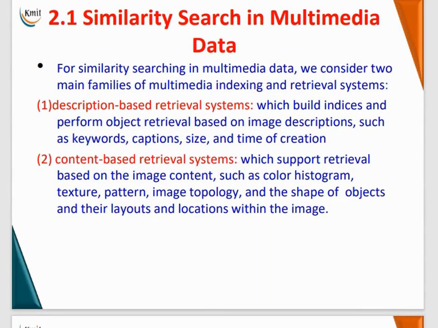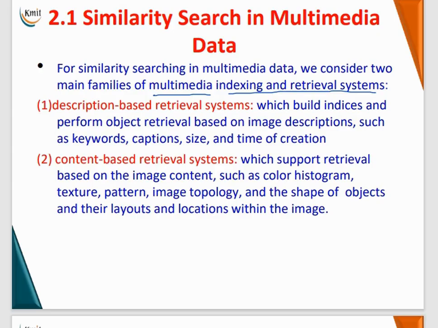First, similarity search in multimedia data. For similarity search in multimedia data, we consider two main families of multimedia indexing and retrieval system. First one, description based retrieval system, and the second one is content based retrieval system.